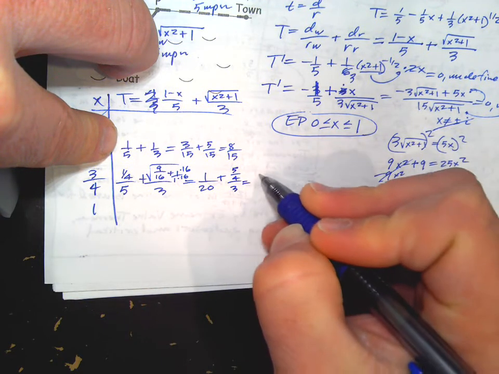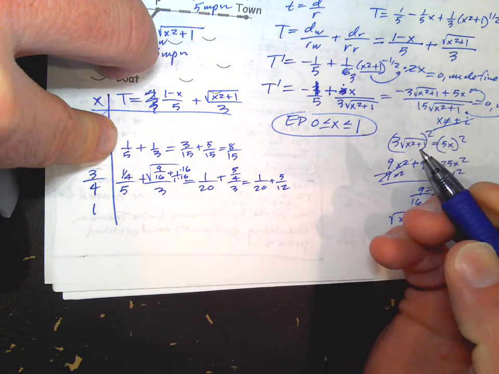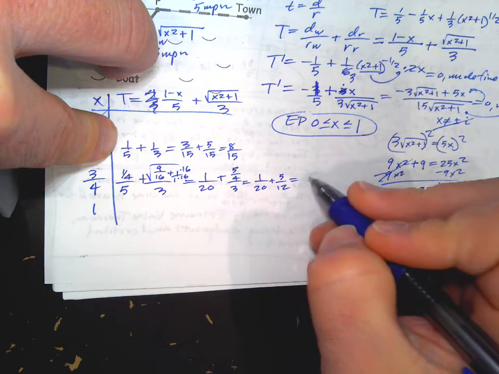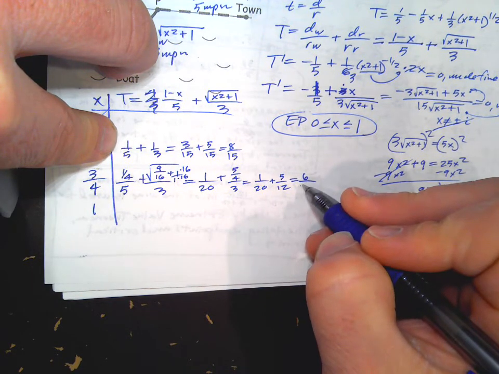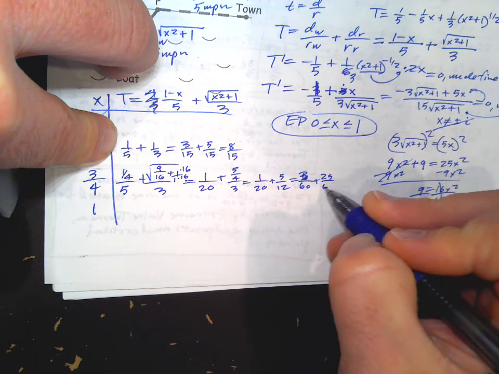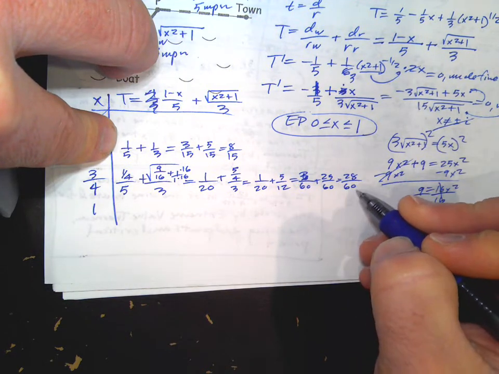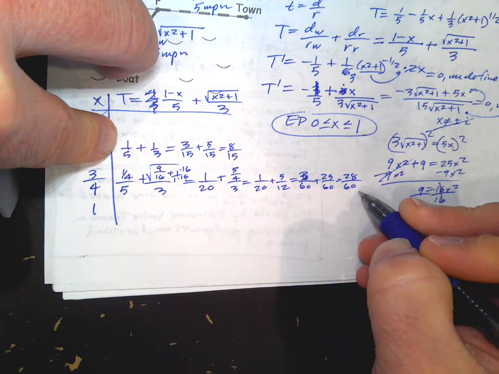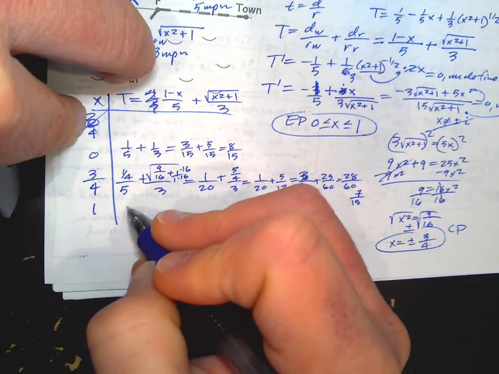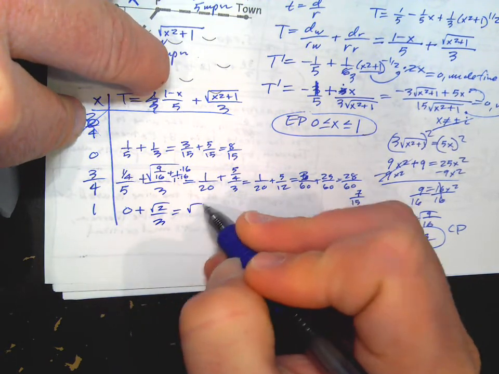And so we get 1 over 20 plus 5/12. So least common denominator would be 60. So it'd be 3 over 60 plus 25 over 60 would be 28 over 60, which is 14 over 30, 7/15. Then we plug 1 in, and we get 0 plus the square root of 2 over 3. So the answer is square root of 2 over 3.